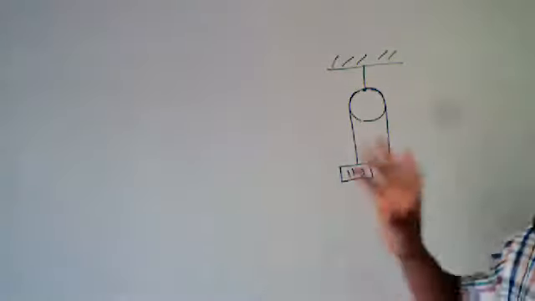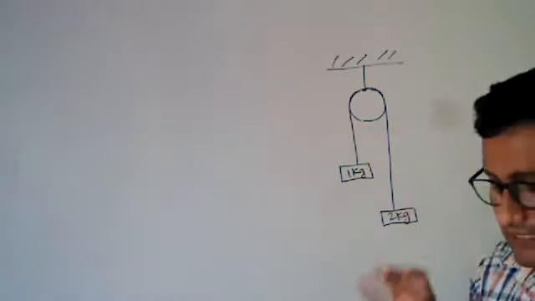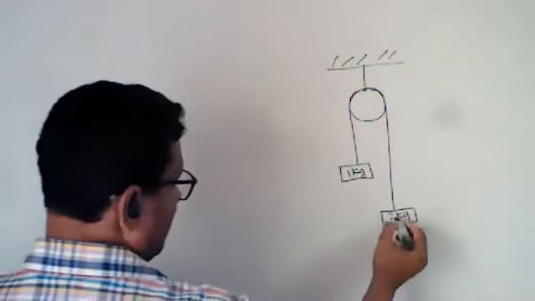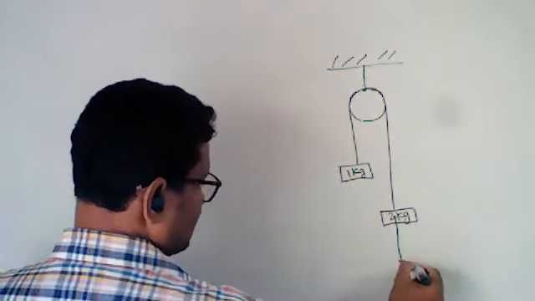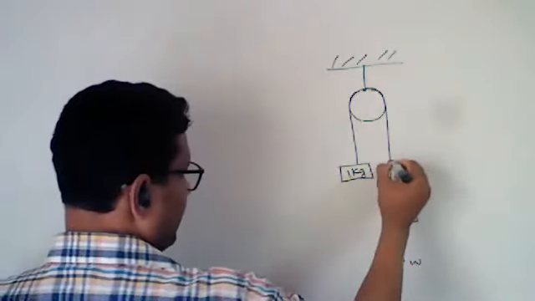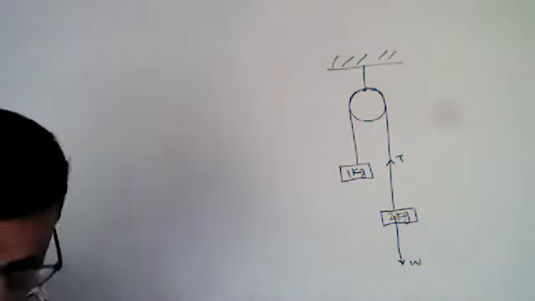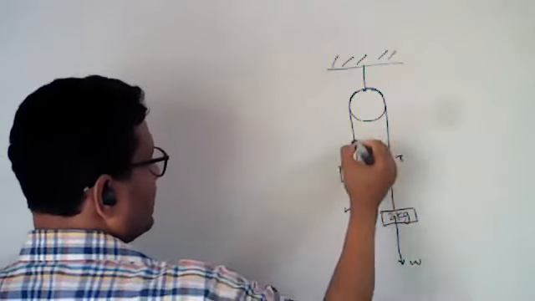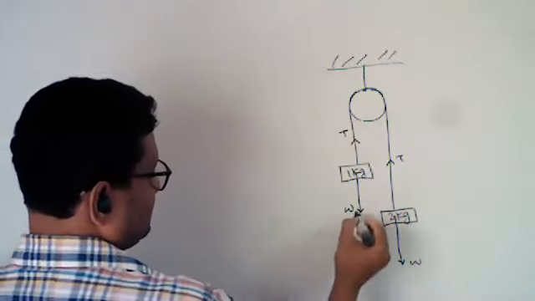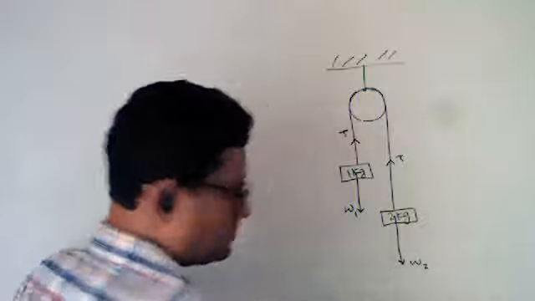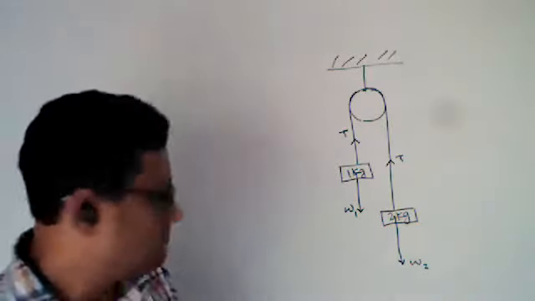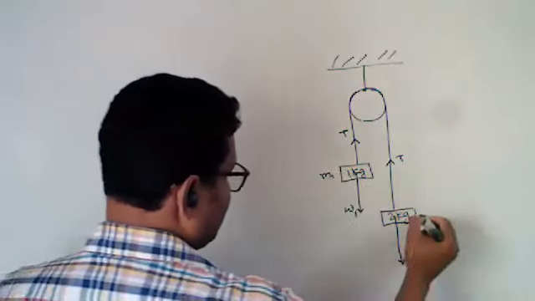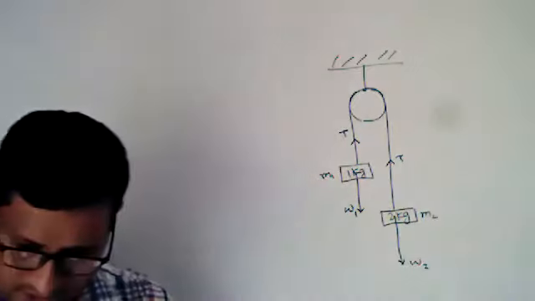Okay. You have to remember for this type of math, weight always acts in this direction and tension acts in this direction. And for this one, weight in this direction and tension in this direction. Suppose this is 1 and this is 2: W1 and W2, and the masses are M1 and M2.